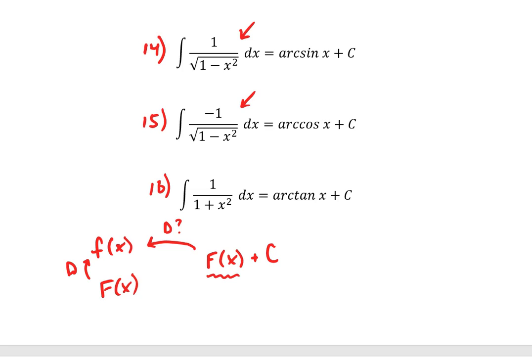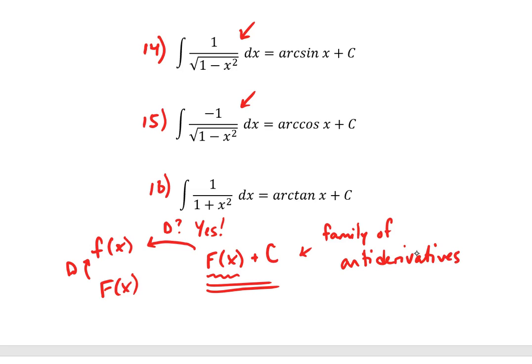But when I take the derivative of a constant, what do I get? I get 0. So, yes, this F of x plus c actually gives us the family of antiderivatives of this function, little f of x.